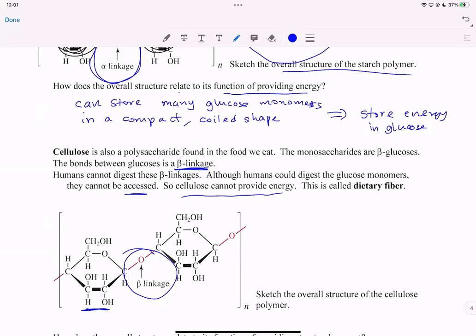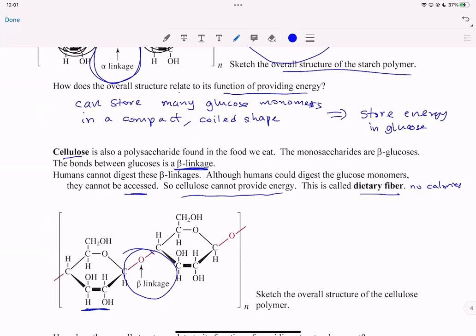That's why it's called something different. It's dietary fiber. That is the other term for cellulose, and it is indicated on a nutrition facts label as part of carbohydrates, but not giving any calories. So there are no calories, you will notice, from dietary fiber.